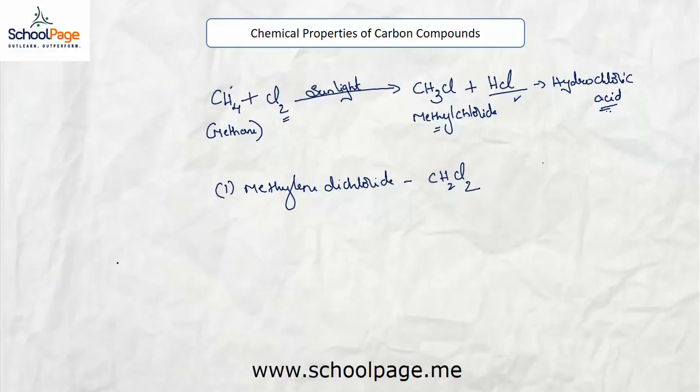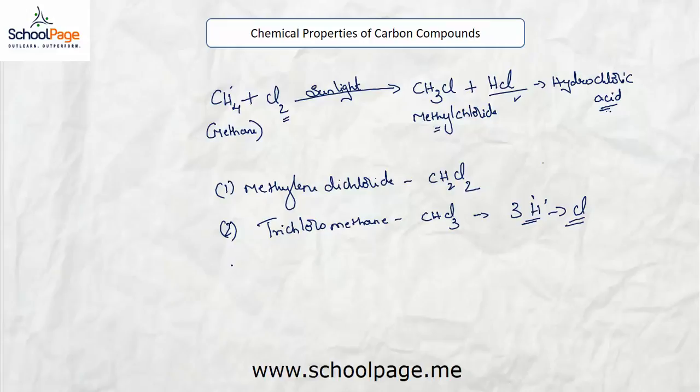And if I further increase the chlorine concentration, I also have chances of getting trichloromethane, which has the molecular formula CHCl3. You can see that there are 3 chlorine atoms. So here 3 hydrogen atoms are replaced by 3 chlorine atoms.